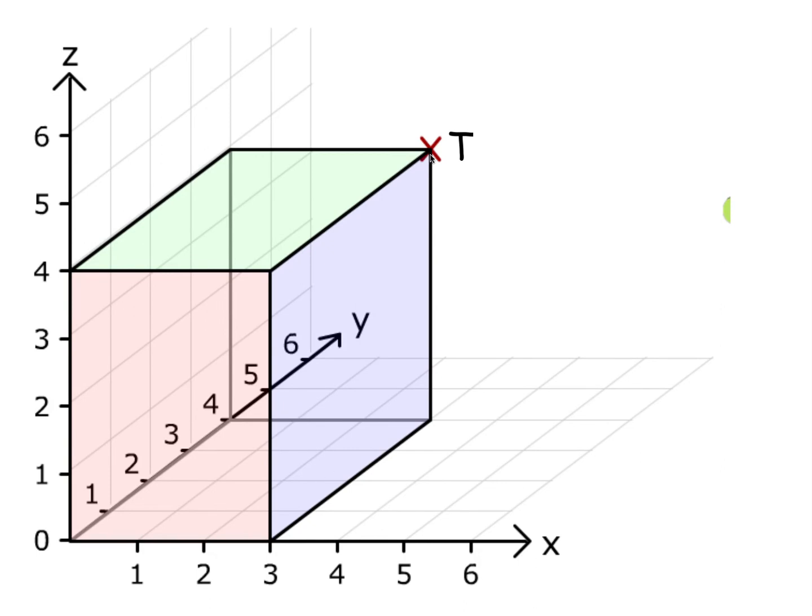Here's the point T. The cuboid is 3 units along here at the x-axis, 4 units in to the board on the y-axis, and vertically 4 on the z-axis. So that point T is 3, 4, 4.